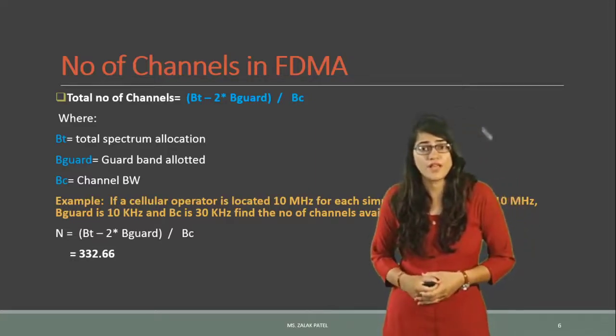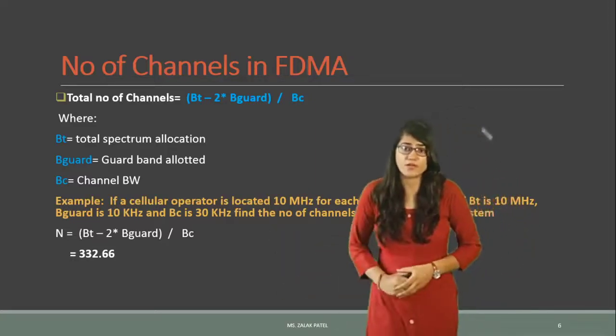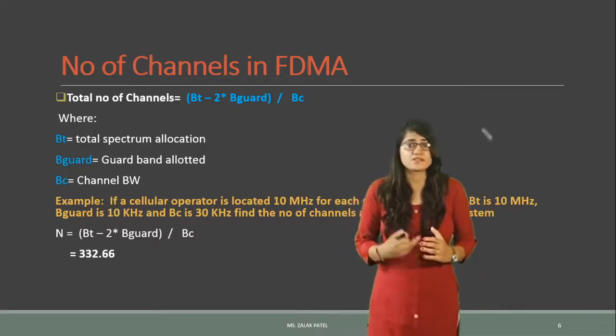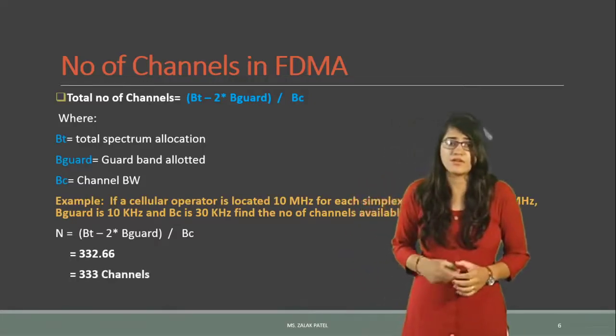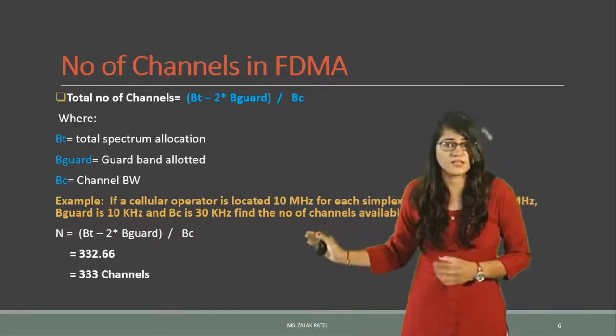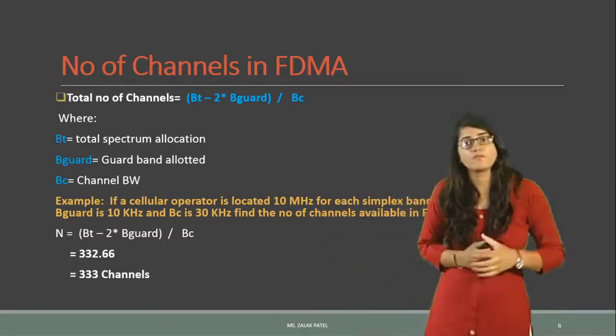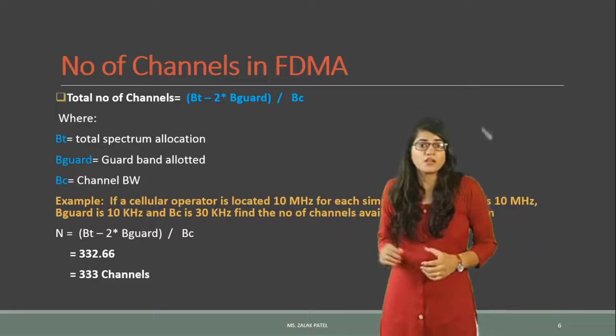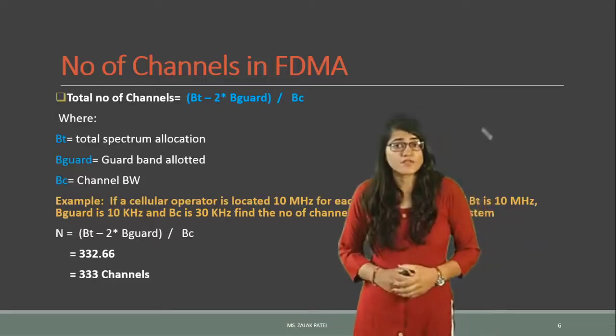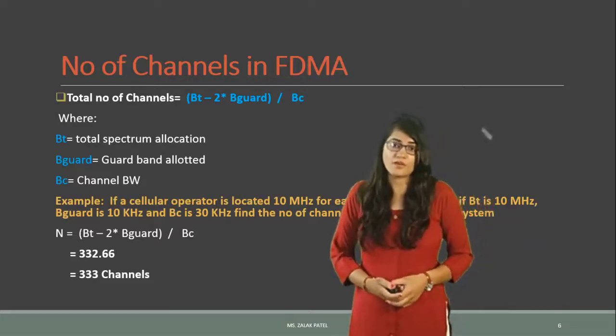If you put all the values, the answer will be 332.66. But the number of channels should be an integer, so the available channels is 333. This type of one-marker question can be asked: find out the number of channels available for the cellular operator.